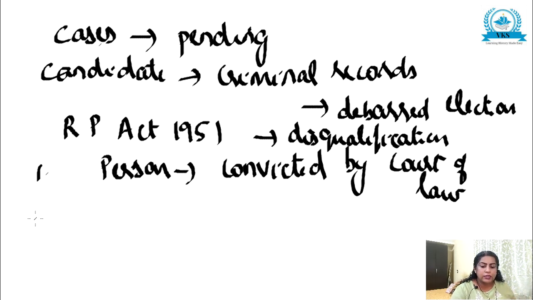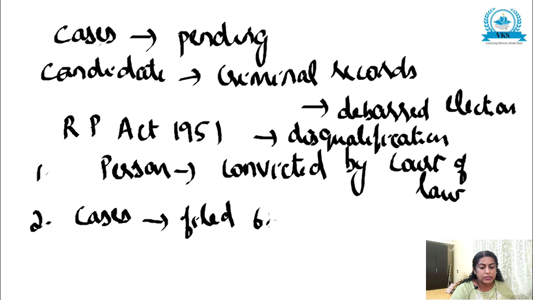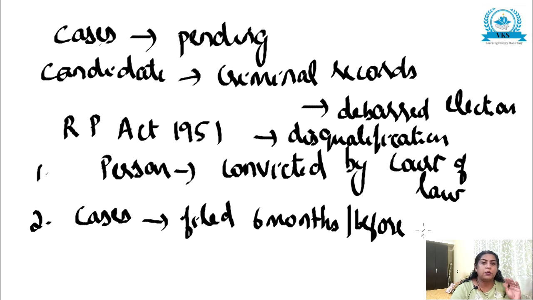The second one is regarding cases which are filed 6 months or before the election. Any cases which are filed 6 months before the election will be a disqualification for contesting the election.